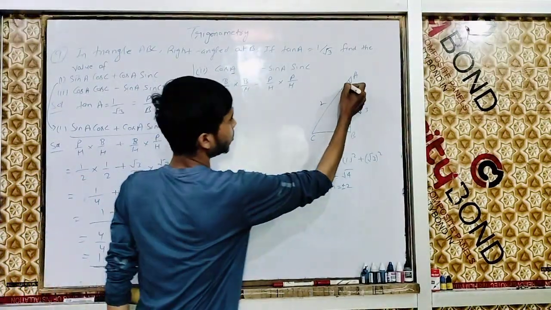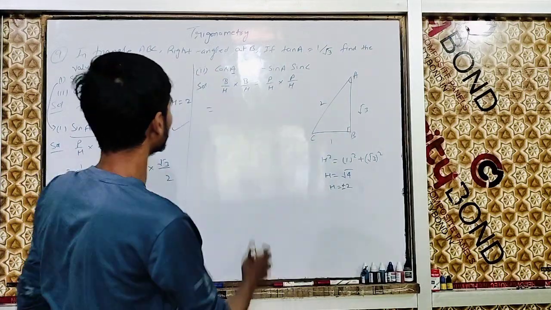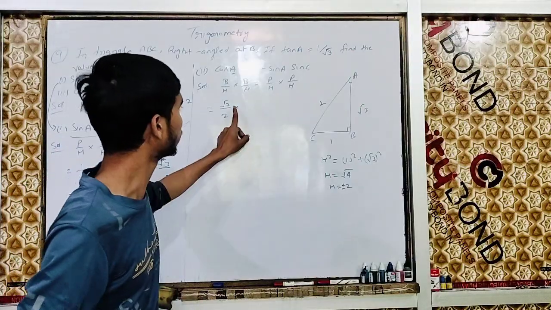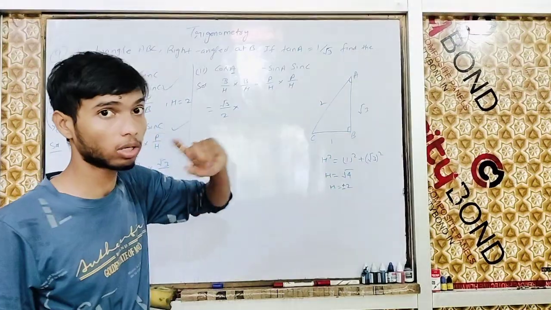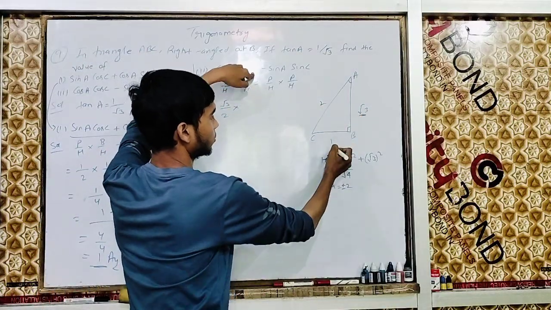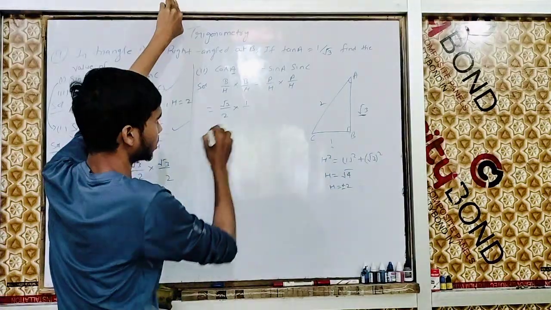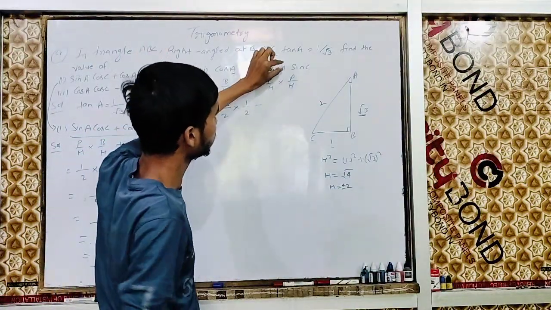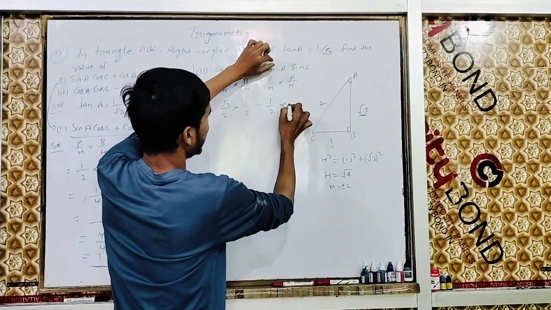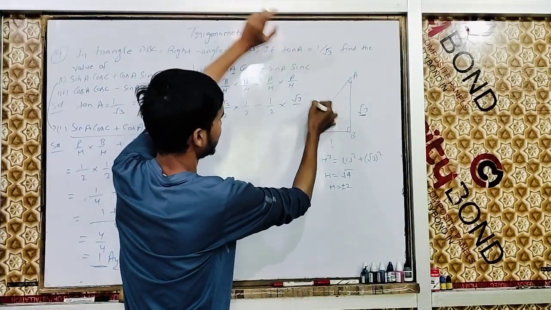According to A, the base is root 3 and H is fixed. According to C, the perpendicular becomes the base, so here it is 1, H is 2. Now according to A, P is 1, and according to C, P is root 3, and H is 2.